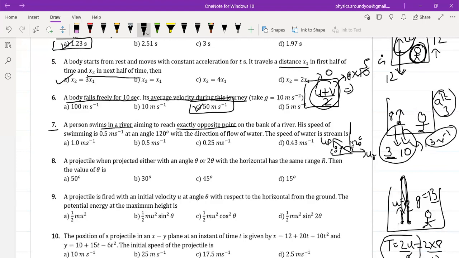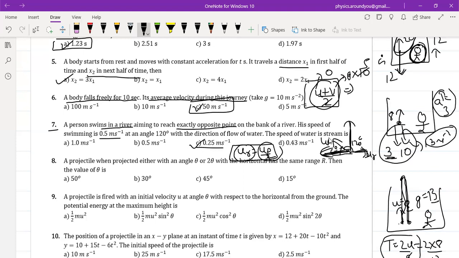If he has to go straight, then his horizontal component towards the left should exactly balance the river velocity. In other words, river velocity should be the person's speed times cos of that angle. Cos 60 is half, right? It means river speed should be half of the person's speed. Person's speed is 0.5 meter per second. Therefore, river speed should be 0.25 meter per second.